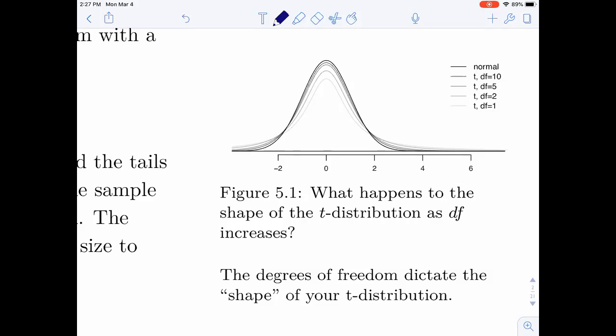It's just a technicality that we have to use the T versus the Z. So, any questions about that? No. Yeah. So, your degrees of freedom communicate to the T distribution what shape to take, right? Basically, how much room to leave in the tails.